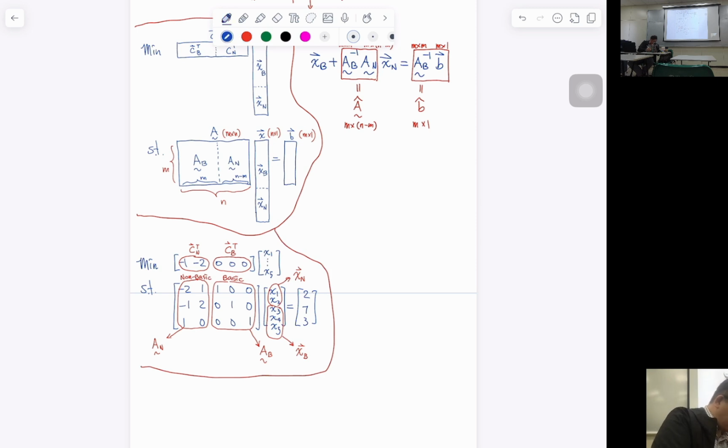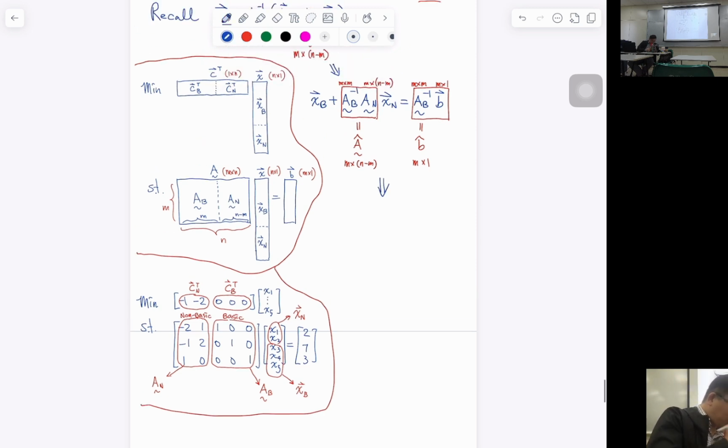and we are just plugging in. Okay, what is our xB at this point? It's x3, 4, and 5. Okay. What is our AB inverse? It's actually 1, 1, 1. What is our AN? It's actually some numbers here.